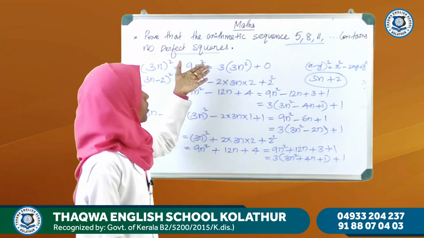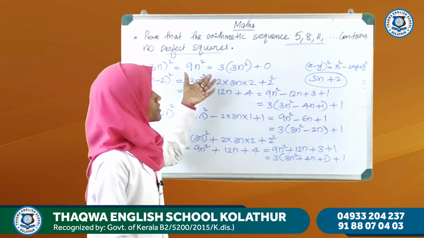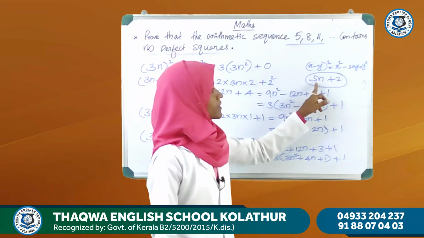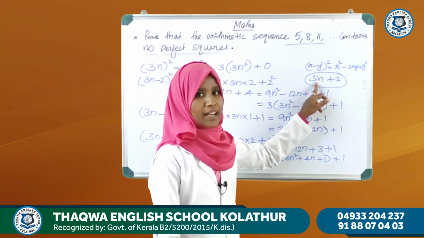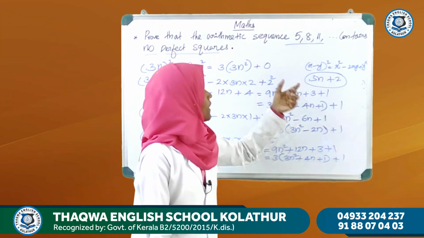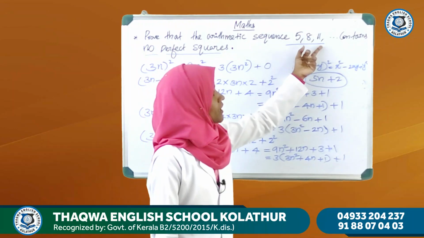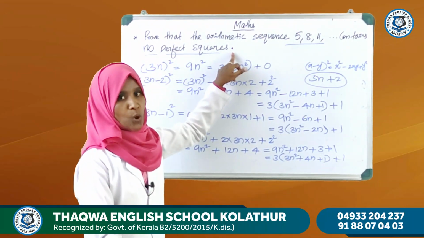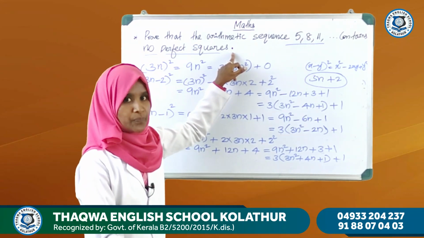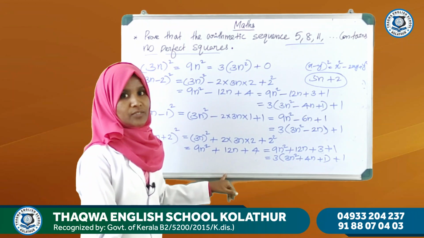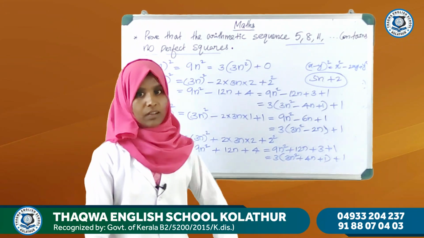But if we divide the perfect squares by 3, we get the remainder 0 or 1. So the sequence 5, 8, 11, etc. contains no perfect squares. Yes, can you understand? Yes, okay.